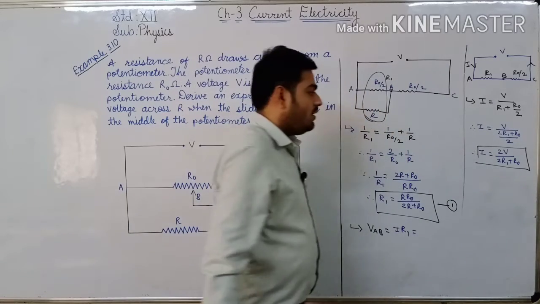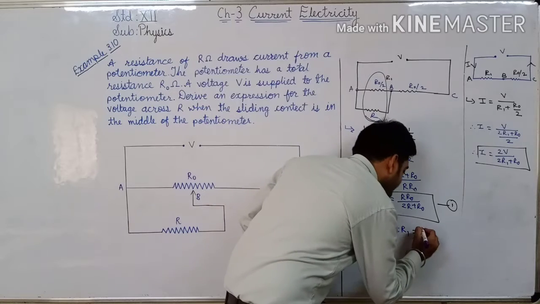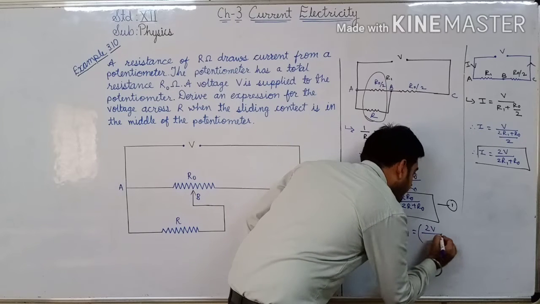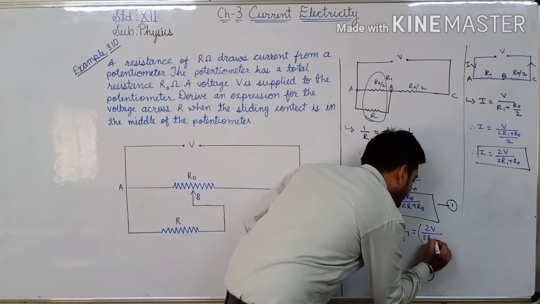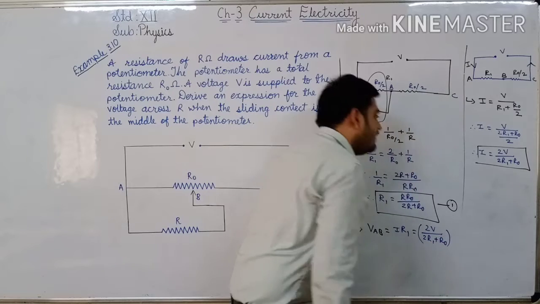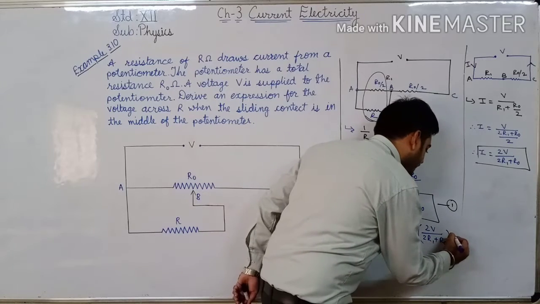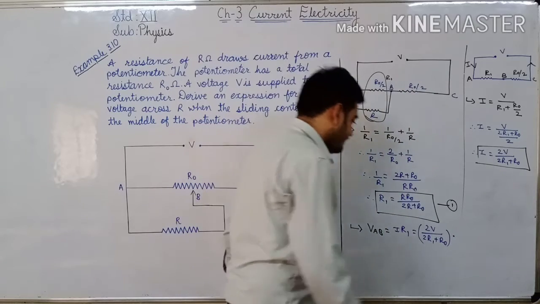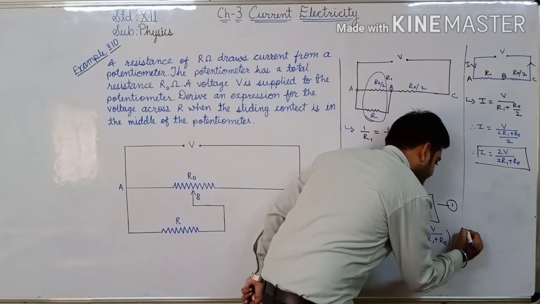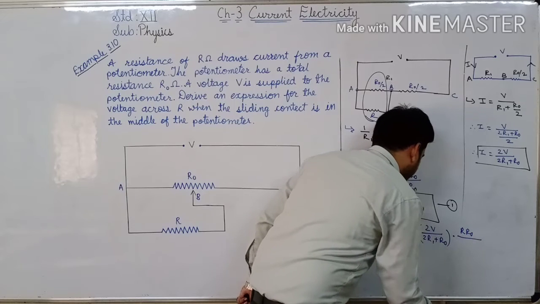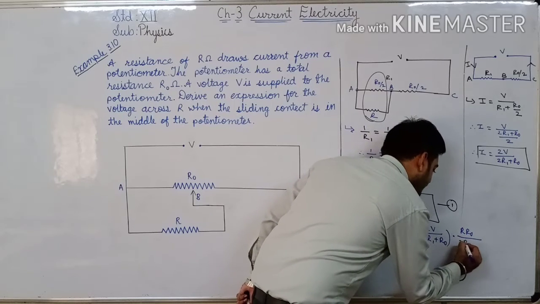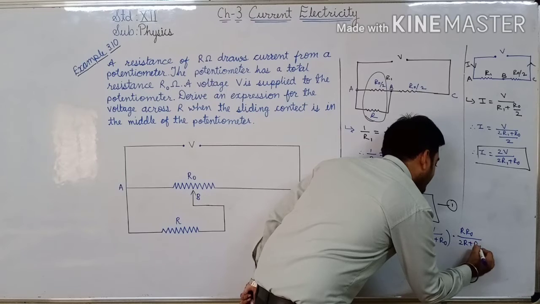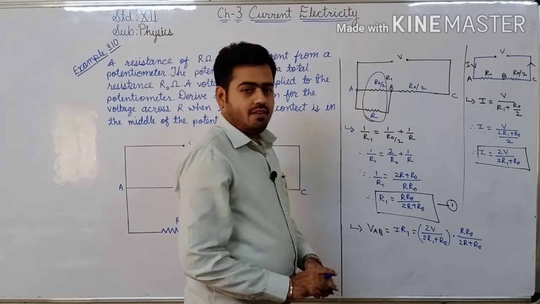I, what is the value of I? 2V upon 2R1 plus R0 into R1. What is the value of R1? R0 upon 2R plus R0. Correct?